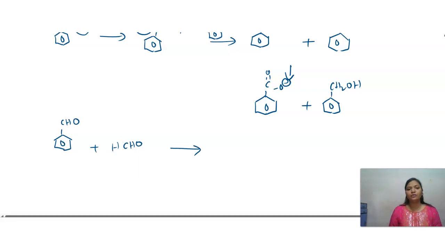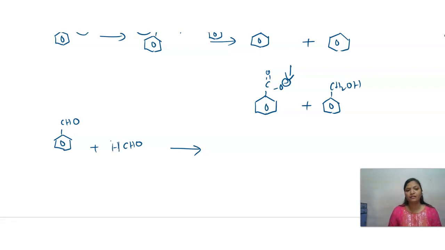So based on the nucleophilic addition reaction, at which carbon does the fastest nucleophilic addition take place, whether it is benzaldehyde or formaldehyde?